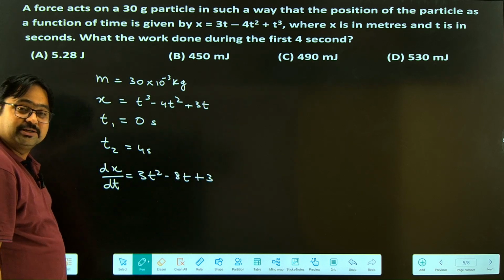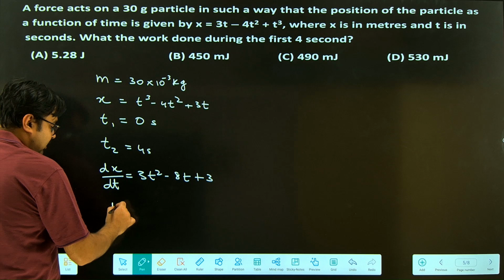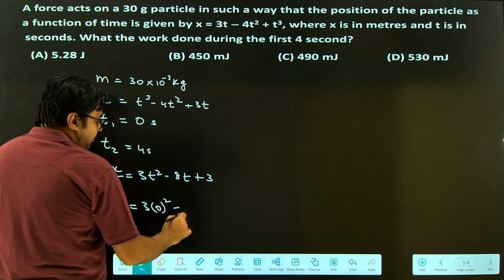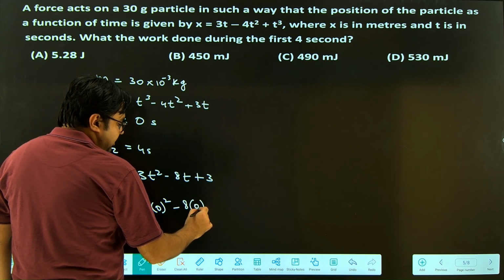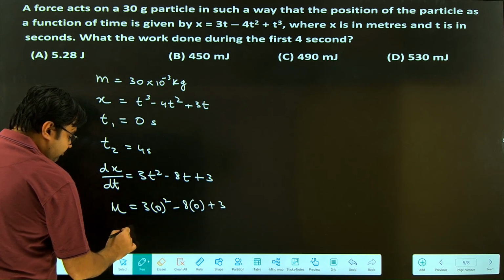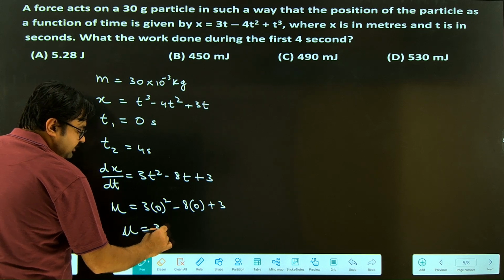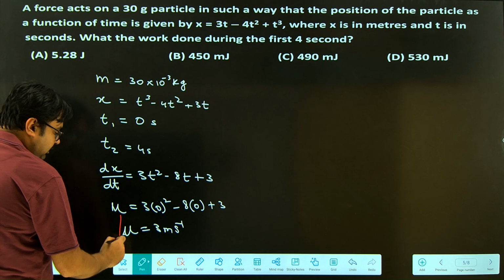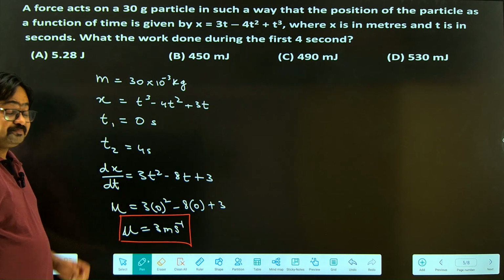This is the equation for velocity. If you want the initial velocity, u would be equal to 3 multiplied by 0 square minus 8 multiplied by 0 plus 3. So the answer for initial velocity u would be 3 meter per second.